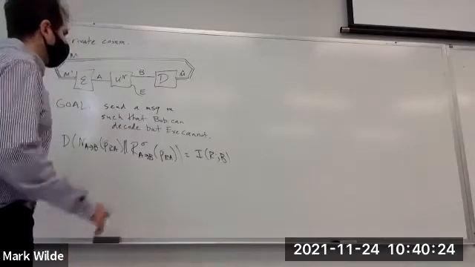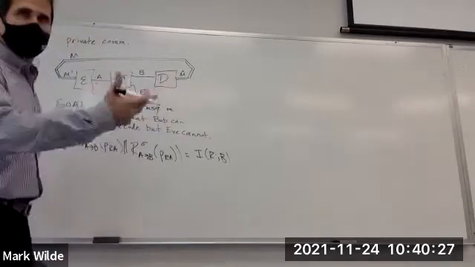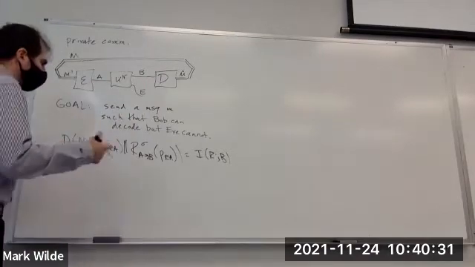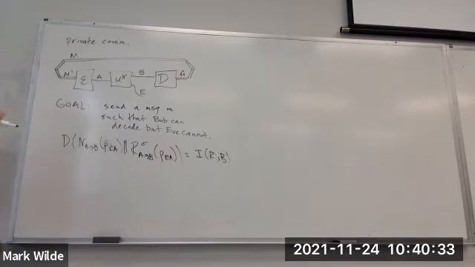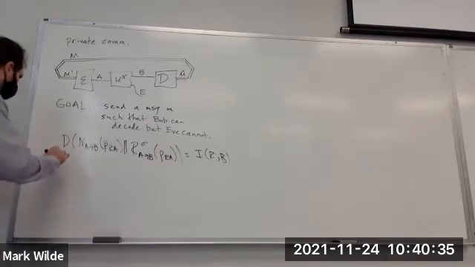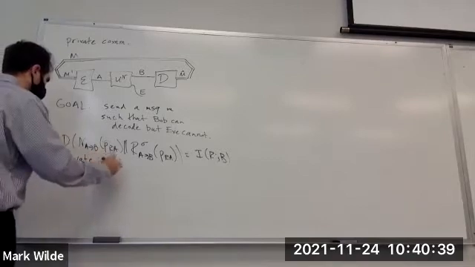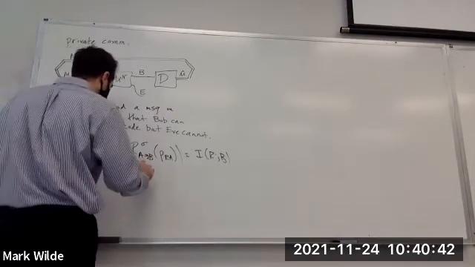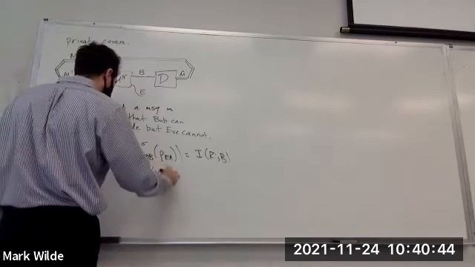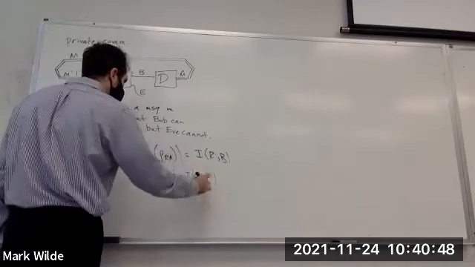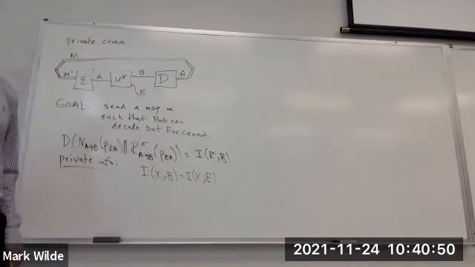So I'll just tell you what we'll find, so you have a sense of what we're looking for as we go along. What's going to come up in both the upper bounds and the lower bounds is a quantity called private information. It's a quantity that's like this. It now becomes a difference of mutual informations.